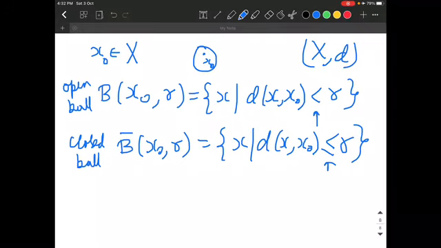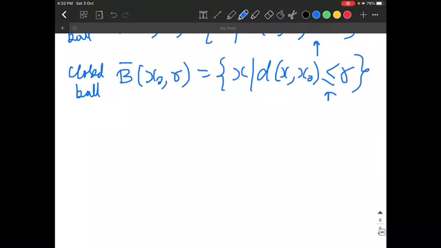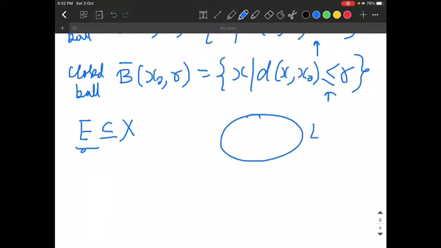Next let's define an interior point of a set. For any set, say E, a subset of X, what are the interior points of E?